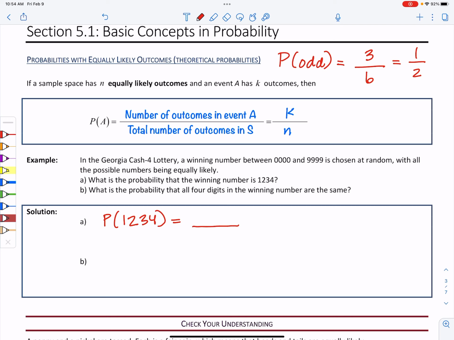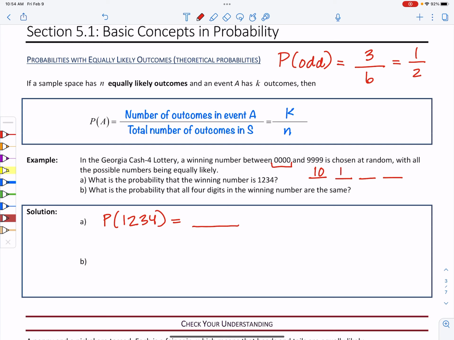So if this is a 4-digit number, right, that means, think about, when those balls pop up, right, we've got something being selected for the first digit, the second, the third, and the fourth. And if each digit can be 0, 1, 2, 3, 4, 5, 6, 7, 8, or 9, that means it has 10 possibilities.